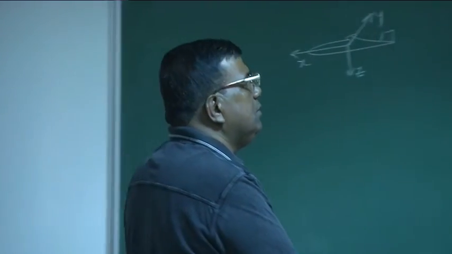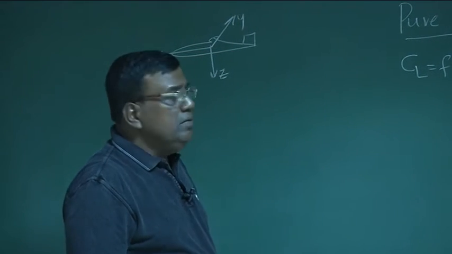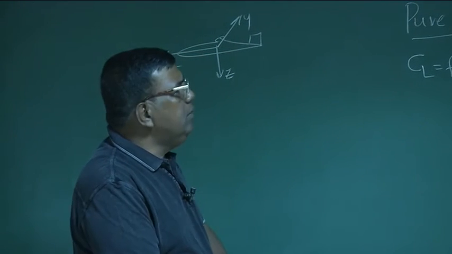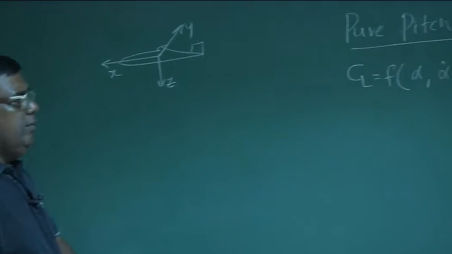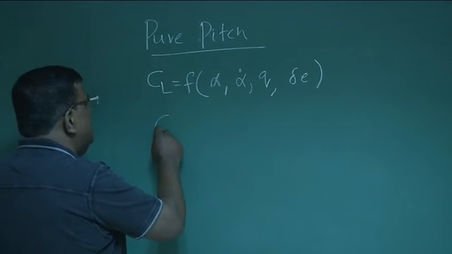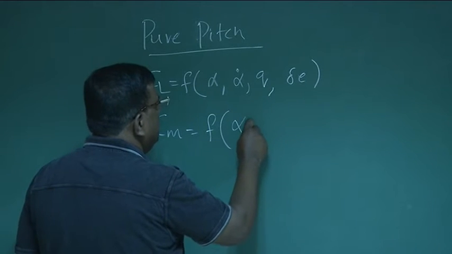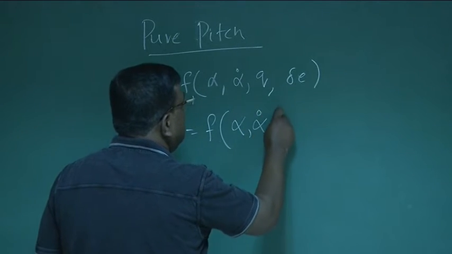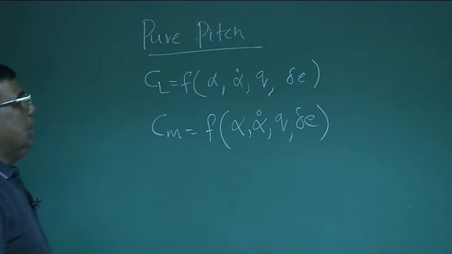Maybe they are rates, maybe control derivatives, rates of control derivatives. But we have taken a simplified case where we are modeling CL as a function of alpha dot, q and delta E. Similarly, Cm we express as a function of alpha dot, q and delta E. And then we have become experts.